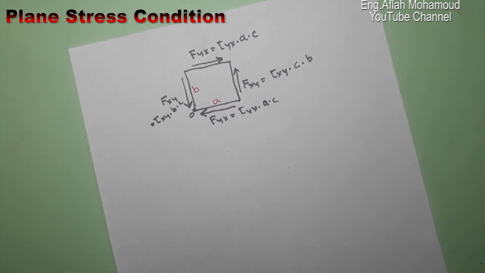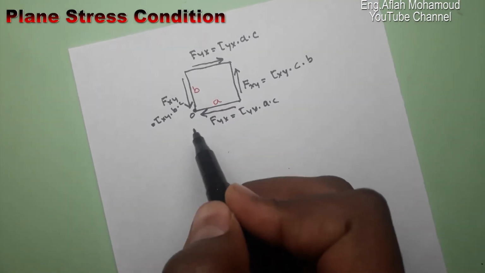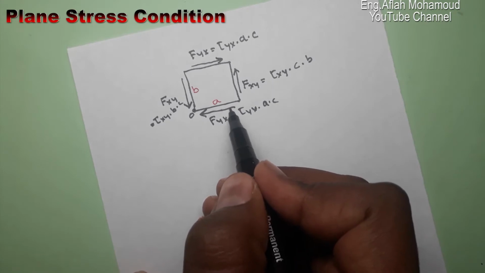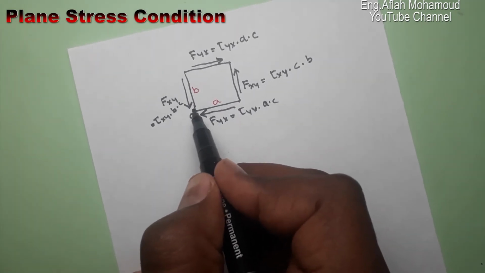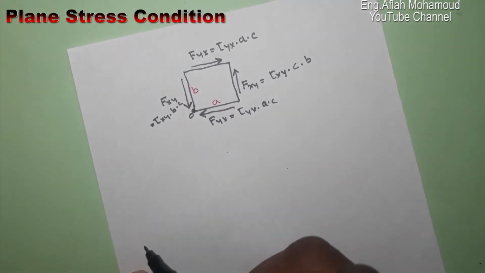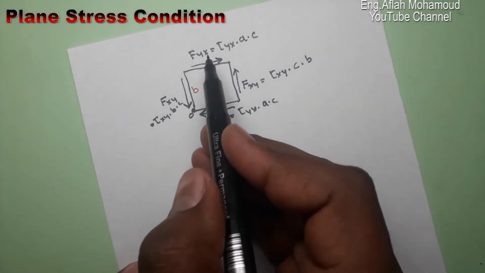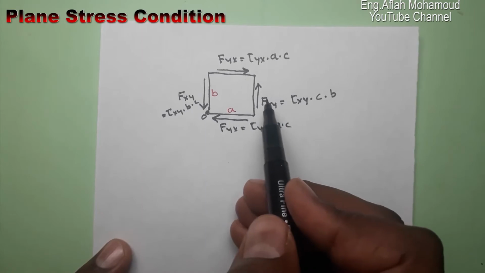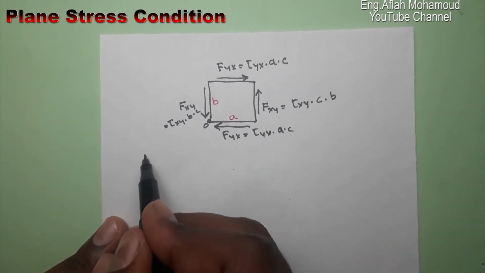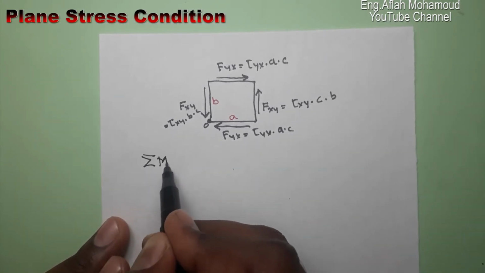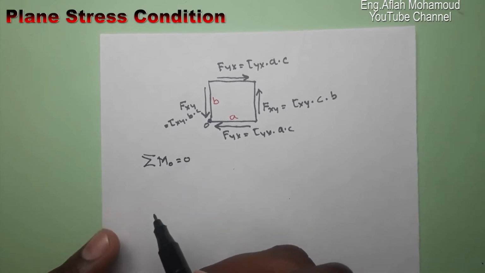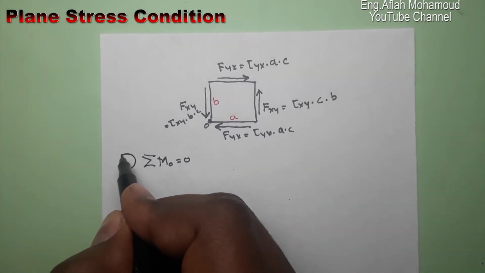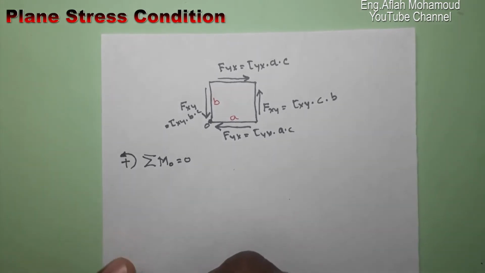If we take the moment about this point O, these two forces pass through this point, so their moment will be 0. The only forces that produce a moment are this one and this one. The sum of moments about O must equal 0 for equilibrium, taking counterclockwise as positive.